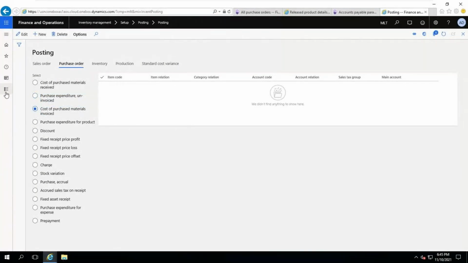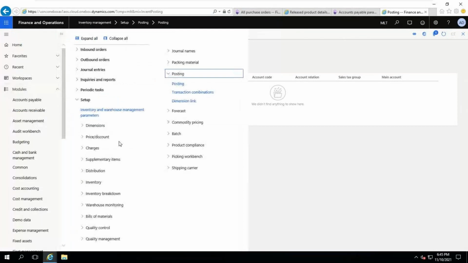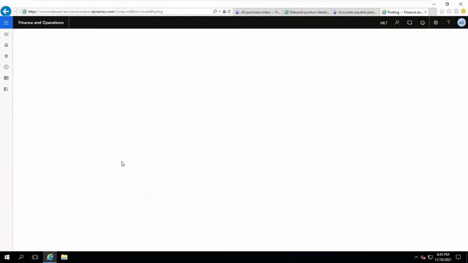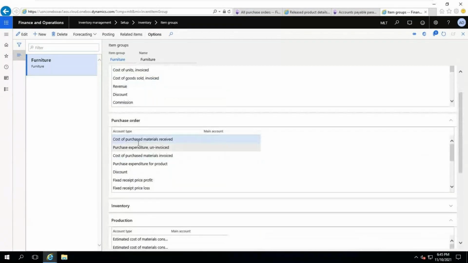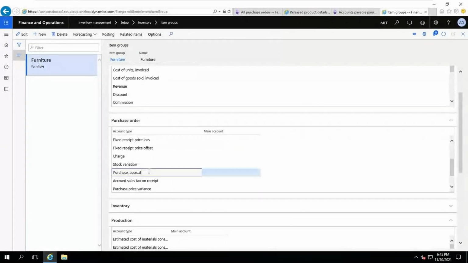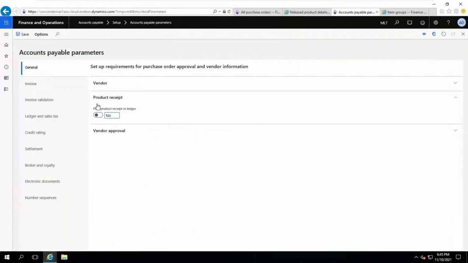Okay, so at the time of product receipt, if I go back to item group, it will post to the cost of material received account, cost of purchased uninvoiced, and purchase accrual. These three will be posted if this checkbox is selected.